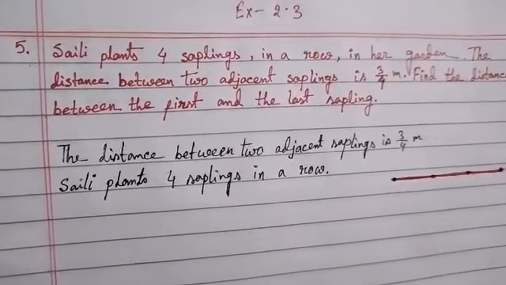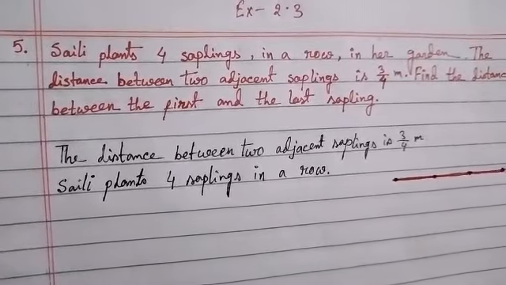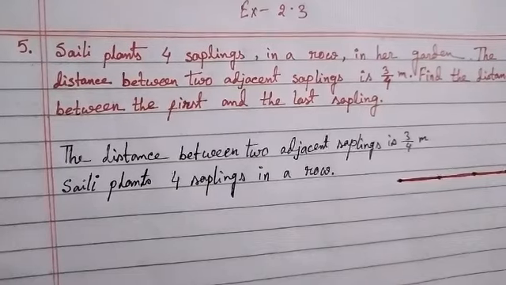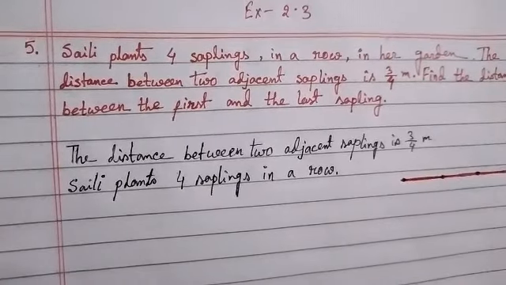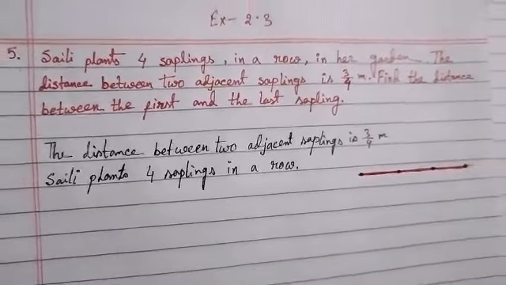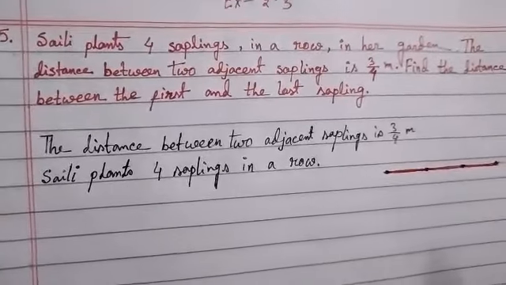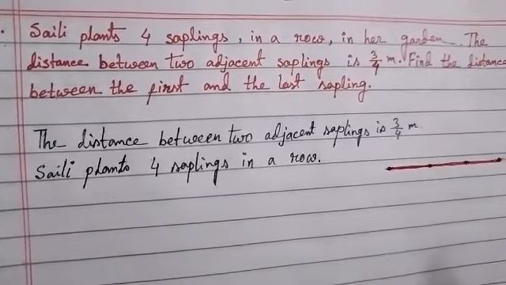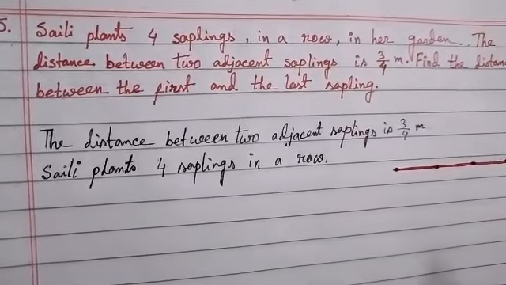First of all, what do you mean by saplings? Sapling actually means a young tree. So in a row, how many saplings does she plant? 4 saplings.